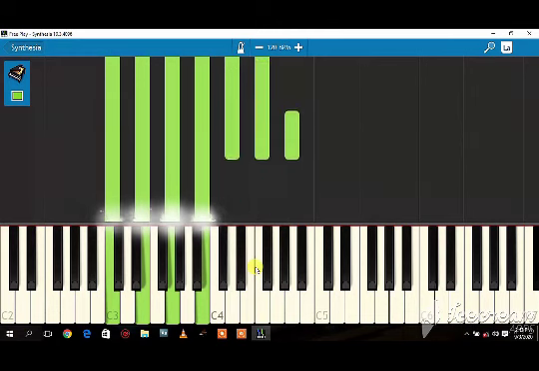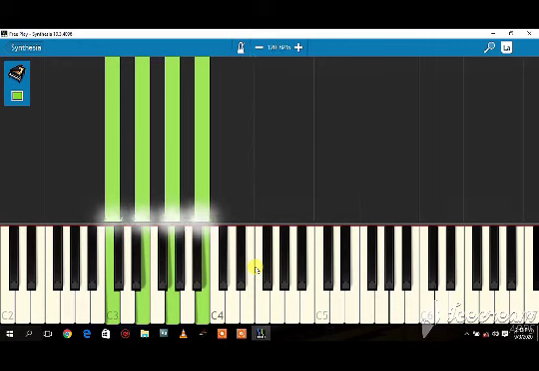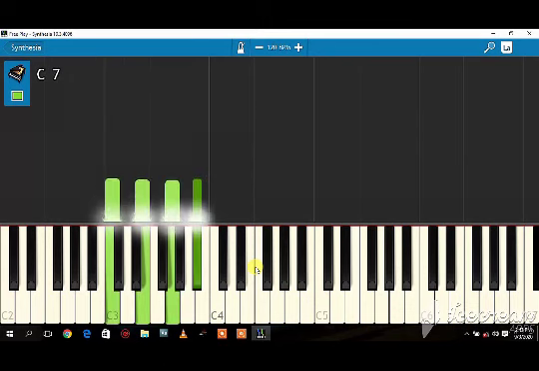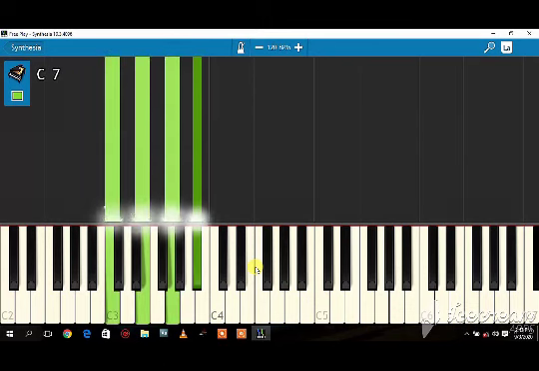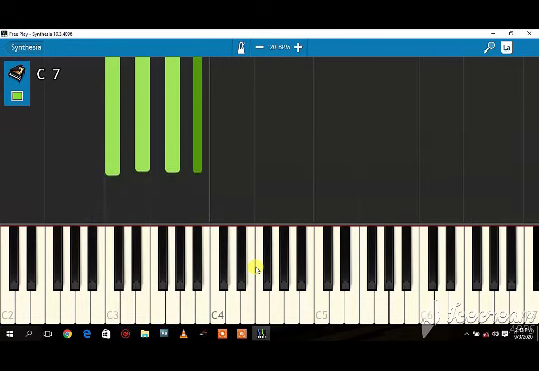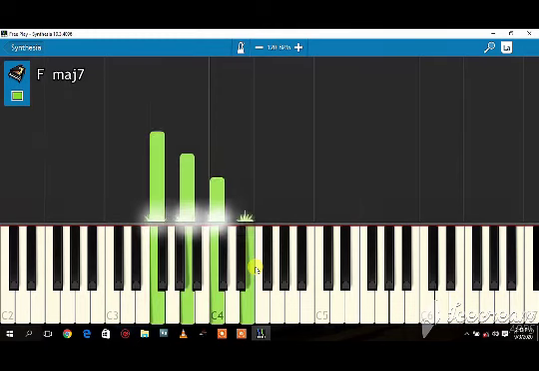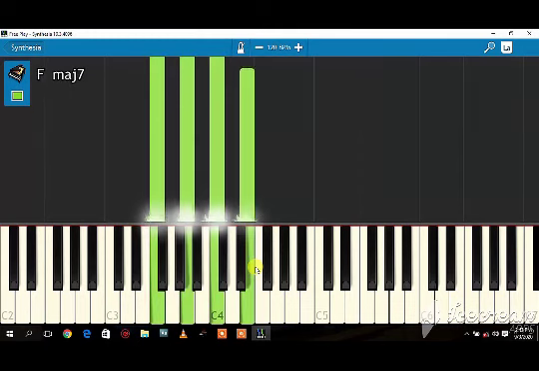Now let's look at this chord, F major 7 flat 11. This is F major 7, is it not? Now what is our flattened 11? This is our 4th.